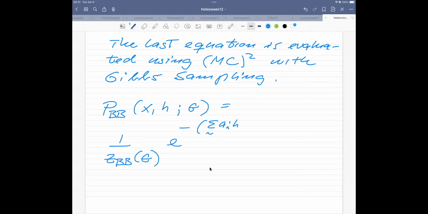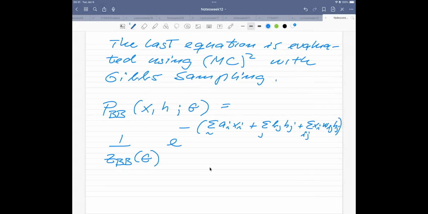So this is a_i multiplied with x_i. There is a sum over j, and then I have b_j multiplied with h_j, and keep in mind that x and h take values 0 and 1. And then we have the next term, which is the sum over i, j of x_i w_ij h_j.